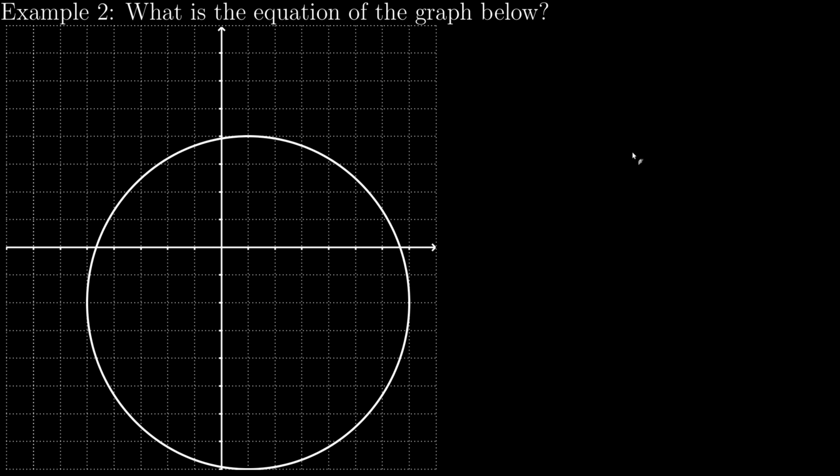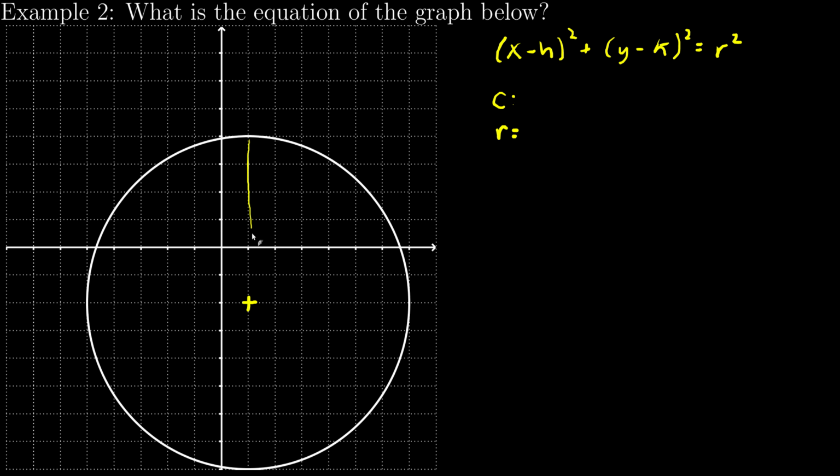So in this one, let me recall that my formula was (x - h) squared plus (y - k) squared equals r squared. So I need to find the center. I need to find the radius. The center, again, some of you may see it right here.